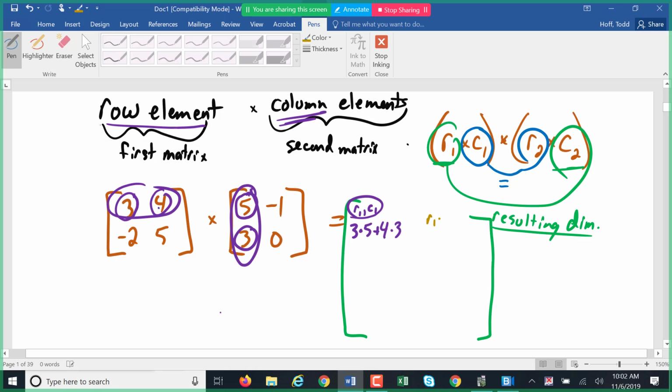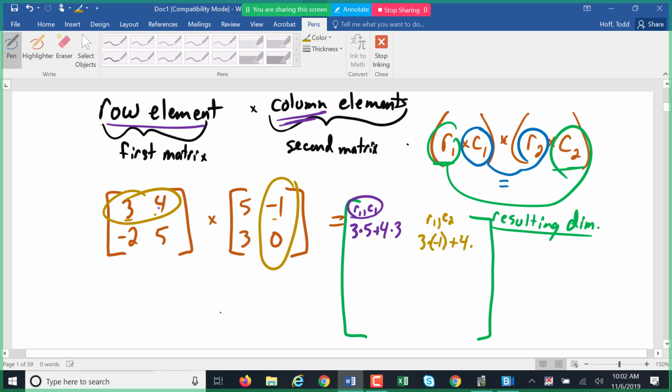For row 1, column 2, I'm still looking at row 1 over here, but now I'm looking at column 2 in the second matrix. So the first element of each is 3 times -1, plus the second element of each will be 4 times 0.